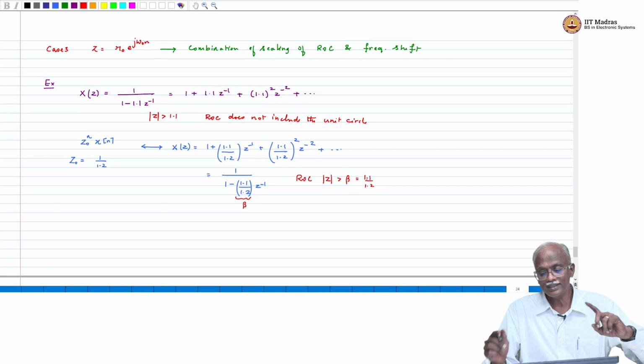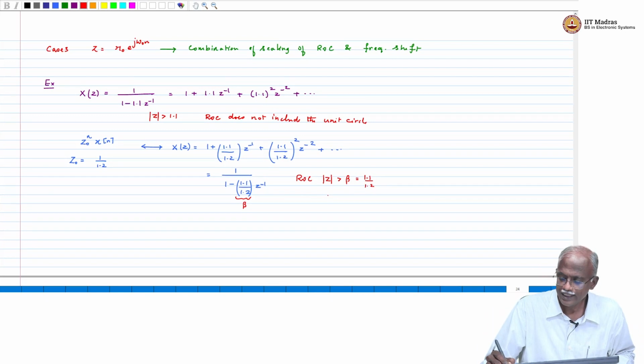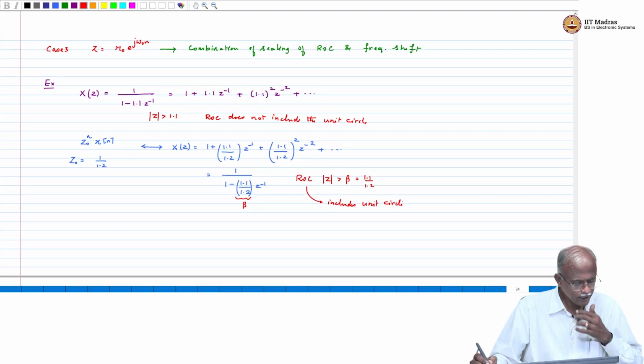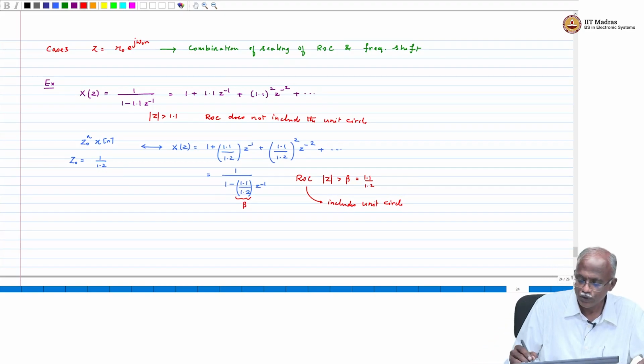So which means that the unit circle is now included in the region of convergence. This ROC includes the unit circle, which means that the Fourier transform also will exist. So we can write this as x1 of z, a modified sequence.